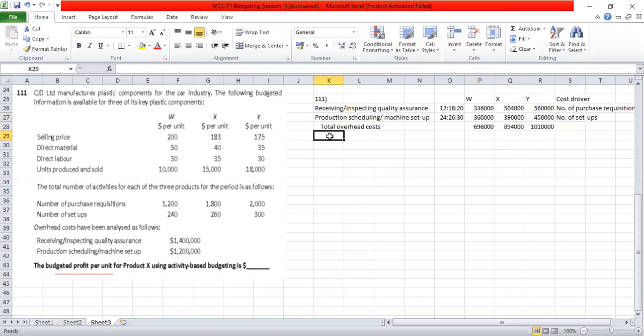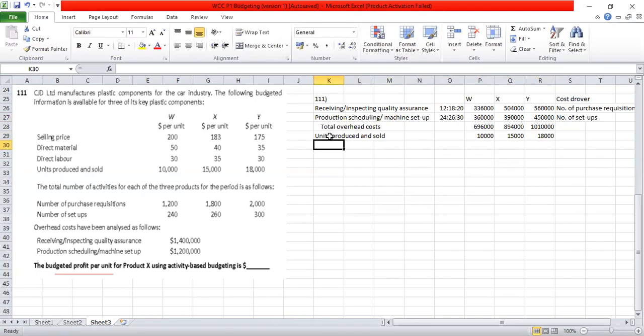Then let's write units produced. 10,000, 15,000, then 18,000.